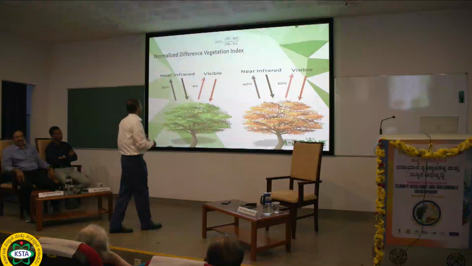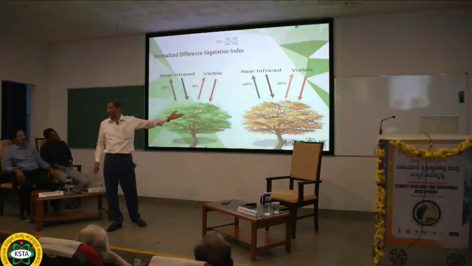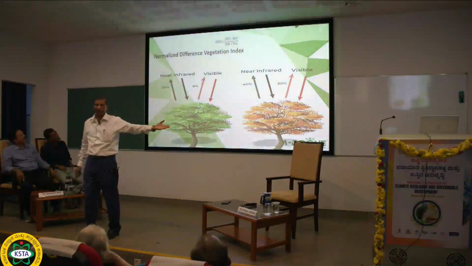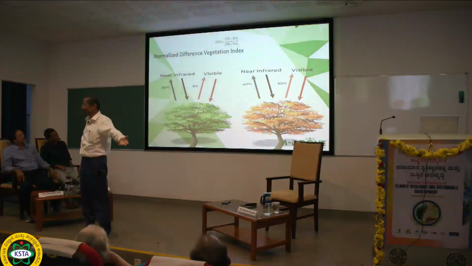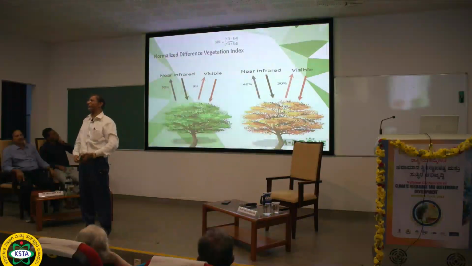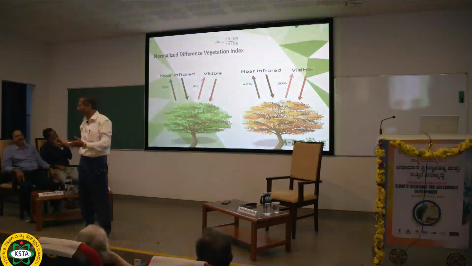Okay. See, for example, agriculture. As I said, the crop health, how do we manage it? Measure that using the sensors, using the drone and satellite data. For a very large area, I don't recommend the drone.